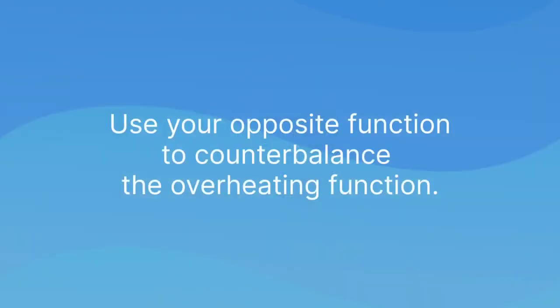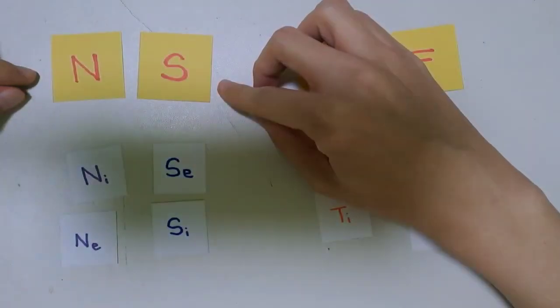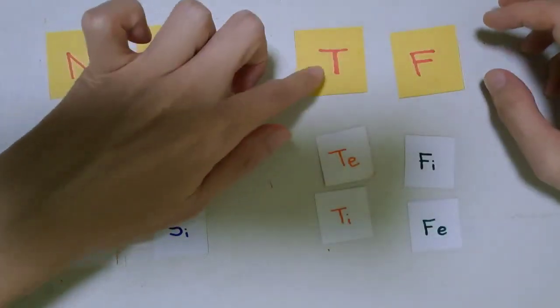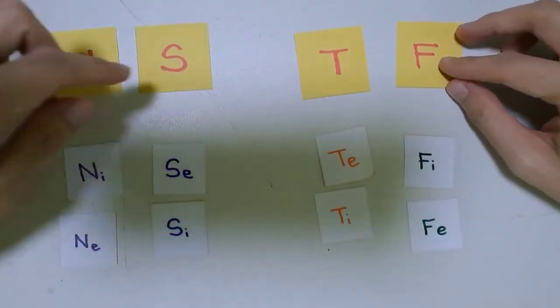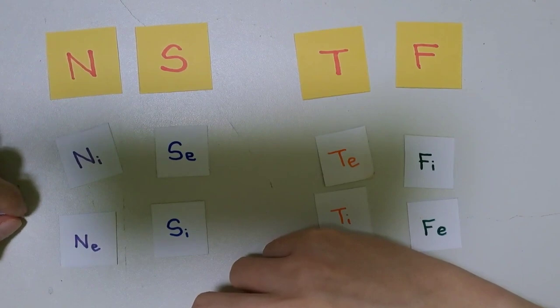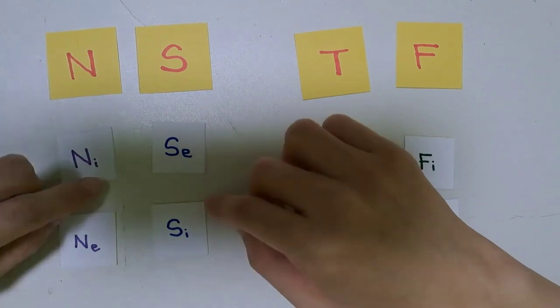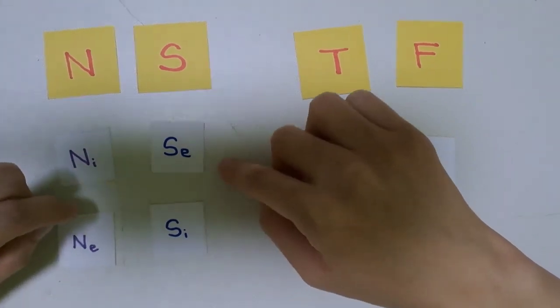To do so, you need to understand the opposite function and use your opposite function to counterbalance. Opposite pairing means that when you do the MBTI test, you either get N intuition or S sensing, T thinking, or F feeling. So in your first 4 cognitive functions, your intuition will have an opposite sensing function, and when your intuition is introverted, you will have an extroverted sensing function.